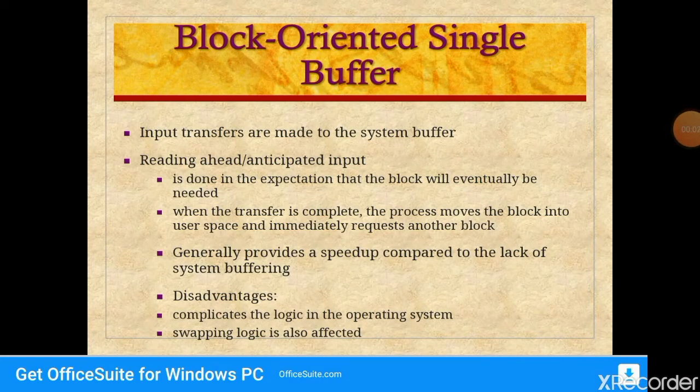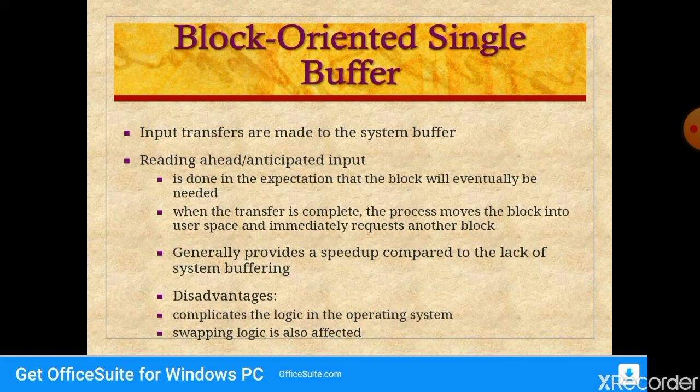When the operating system provides a single buffer for the process to read its block ahead before the request is made, the first block is loaded into the buffer. Once the transfer of the first block is complete, that block is moved to the certain frames allocated for that process in the main memory, which is termed the user space, and then the process requests the transfer of the second block into the buffer.